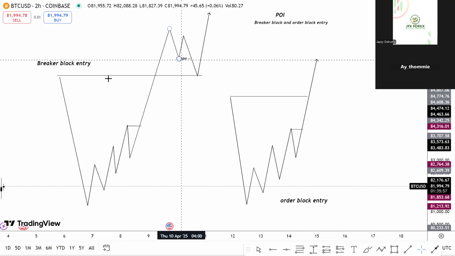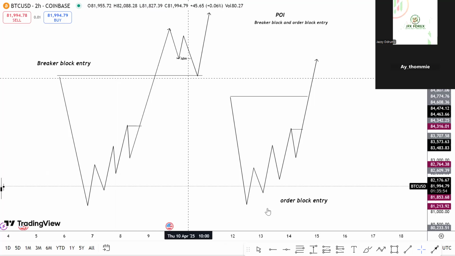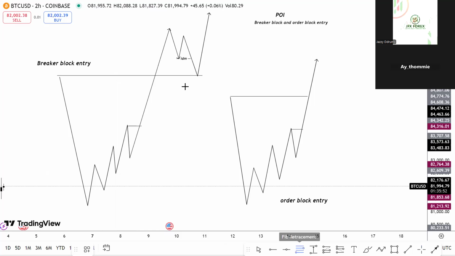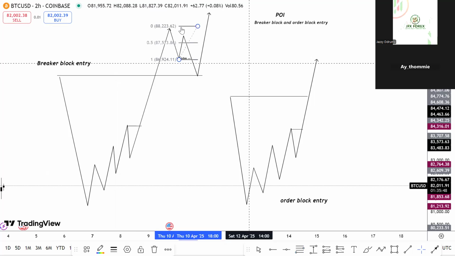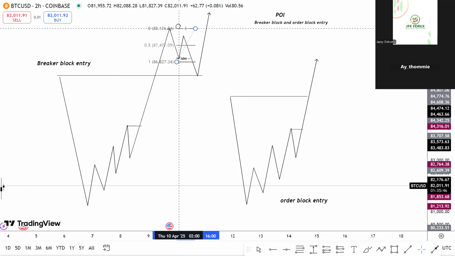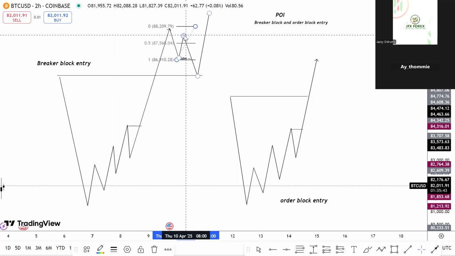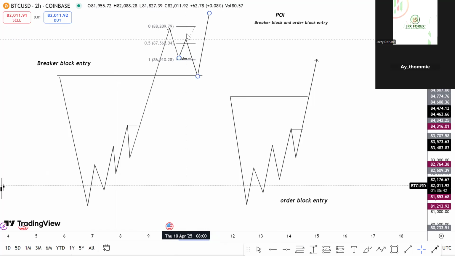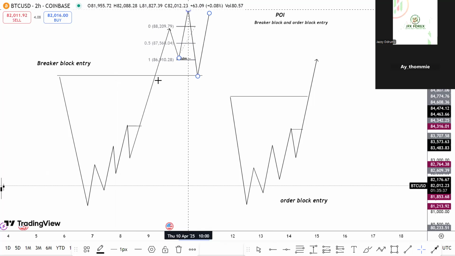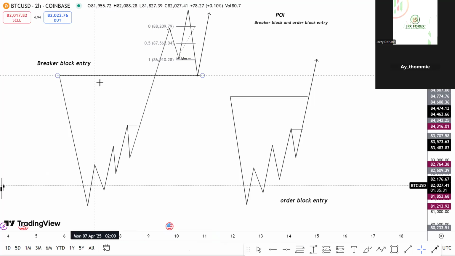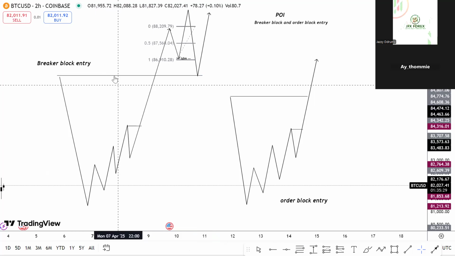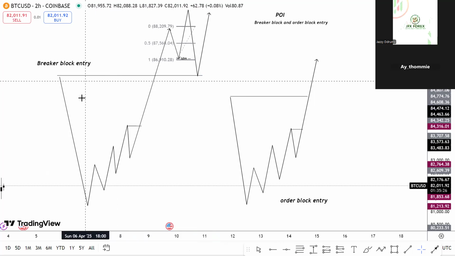If your inducement doesn't mitigate your major break of structure and the market goes back to give you 50% and above, either 50% like this or above it or breaks it like this, then you'll be using your breaker block. This is going to turn to your breaker block entry. Breaker blocks are other blocks that are not valid. I'm very sure you know that already.